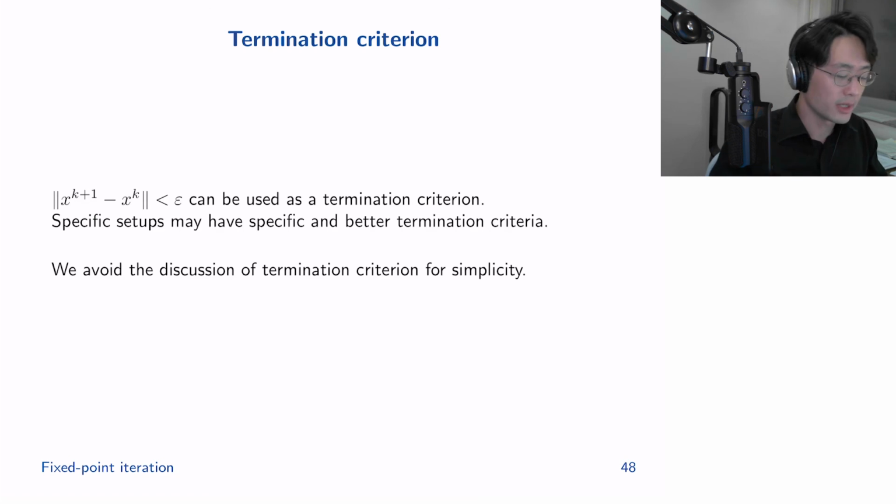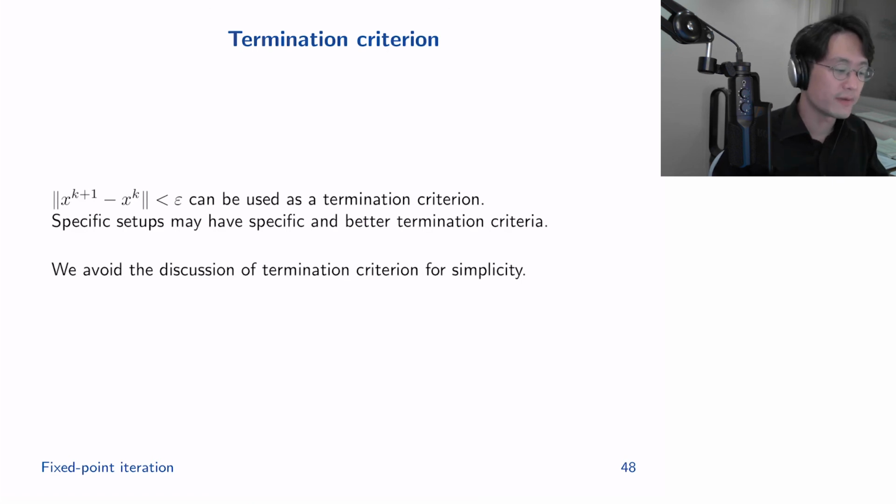Since Theorem 1 guarantees that the fixed point residual converges to 0 at rate 1 over k, we can use the fixed point residual being less than epsilon, where epsilon is a small tolerance, as a general termination criterion. However, for specific setups, there may be specific and better termination criteria, better suited to reflect the particular goals of those setups.